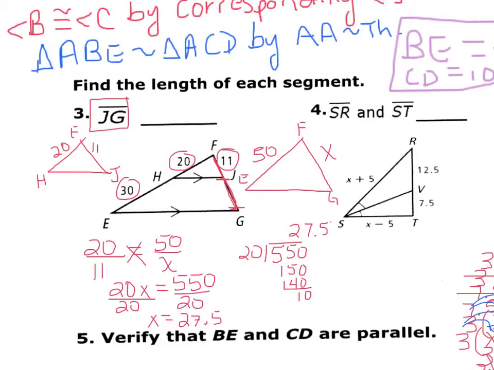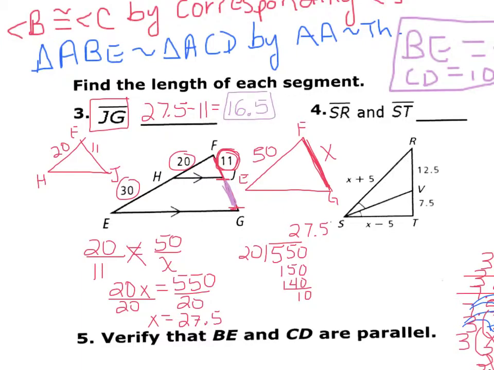And then I come back and I plug it in. See, this is 27 and this piece is 11. So the whole piece, 27, I can say, well, it's 27.5 minus the 11, and so JG is the difference of those two, which is 16.5, and that would be the answer.